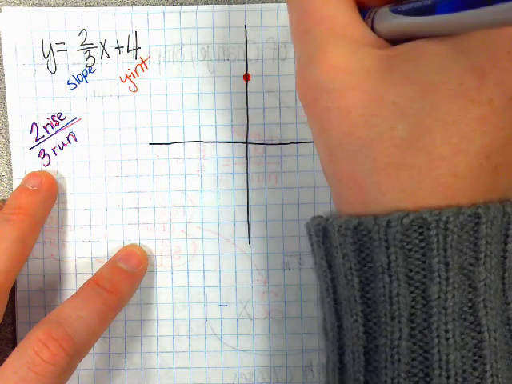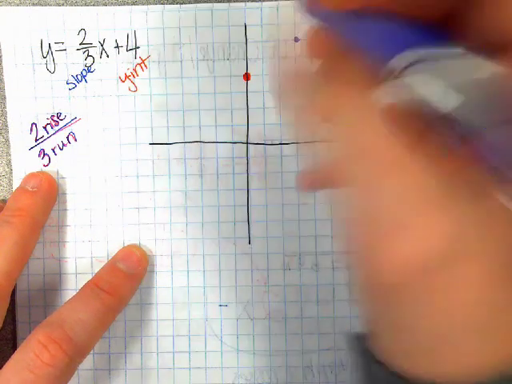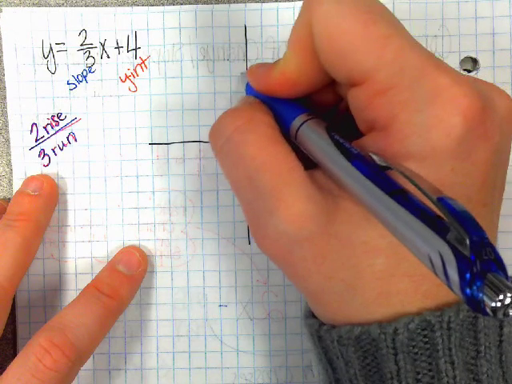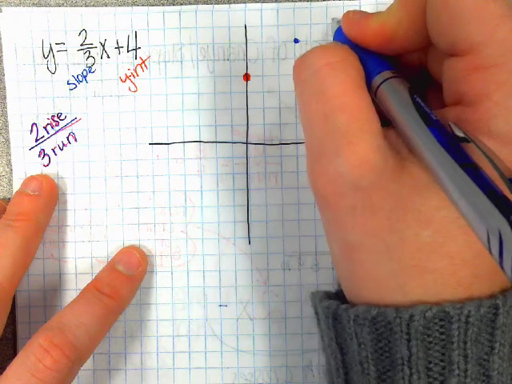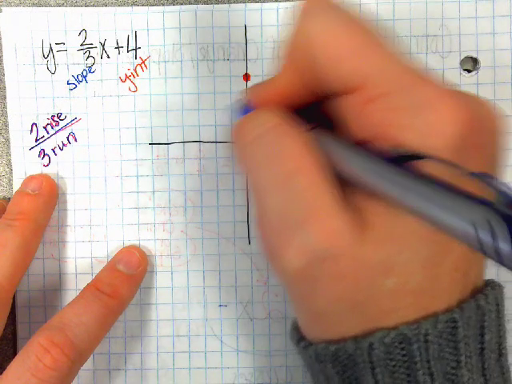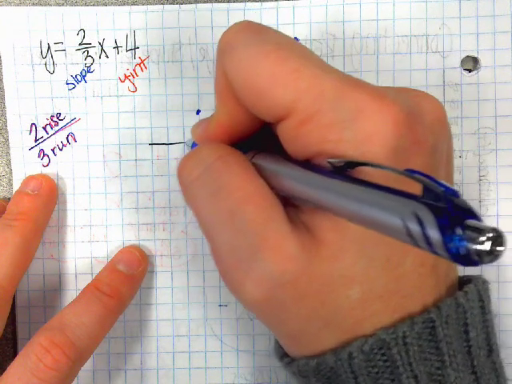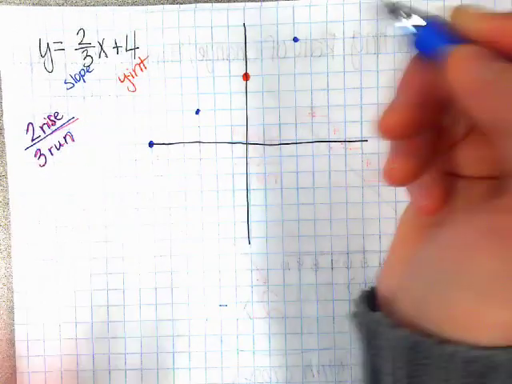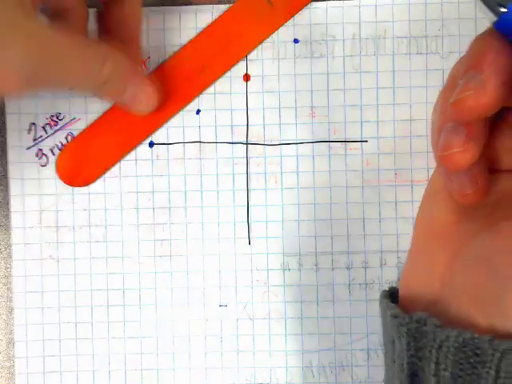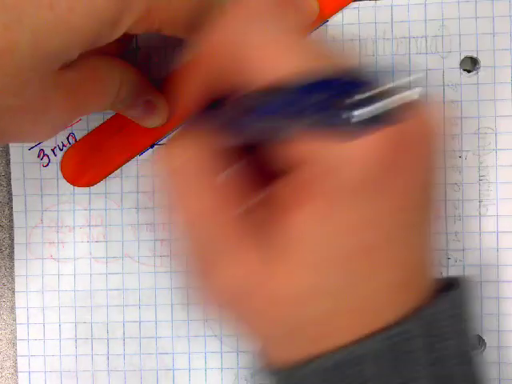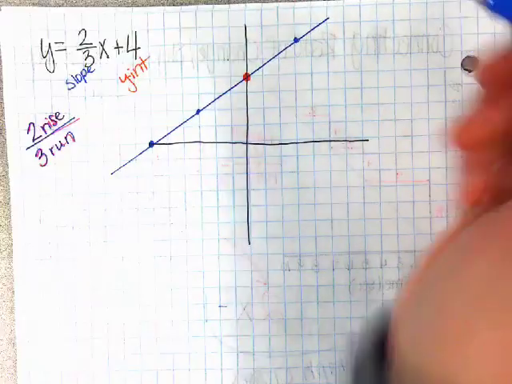Okay, so I'm going to rise 2, 1, 2, go over and run 3, 1, 2, 3. Now, notice if I drew my little skateboarder, he'd have to be going uphill. Now I'm out of room, so I'm going to have to go down and back. So down 2, over 3. And that is my line.